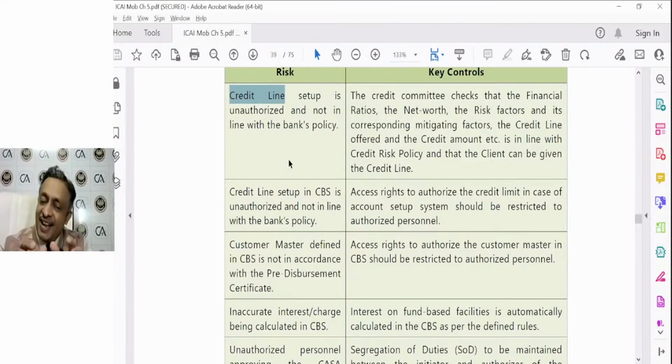So credit line doesn't match very well with the saving bank account per se, because a saving bank account will not require a credit line to be given by a banker. But the idea that the system has to be set is correct, so that is why this has been brought here. So I've answered credit line.